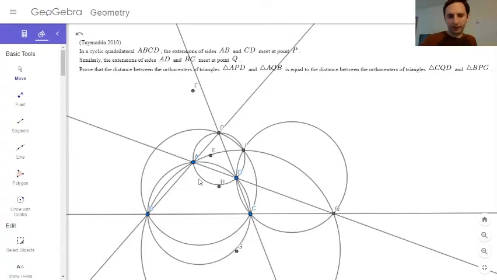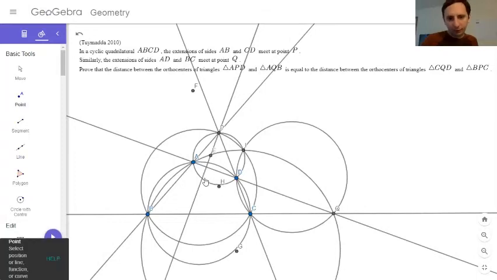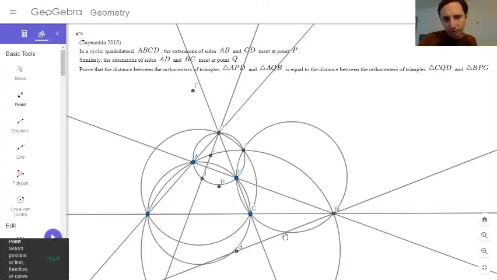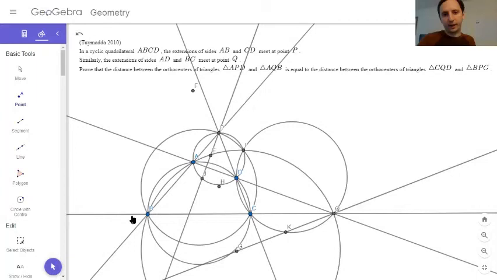So if I reflect E over AD and I reflect F over AD, basically I want to show BJ is equal to... this is interesting. So if I reflect F and E over AD, I get B and J.